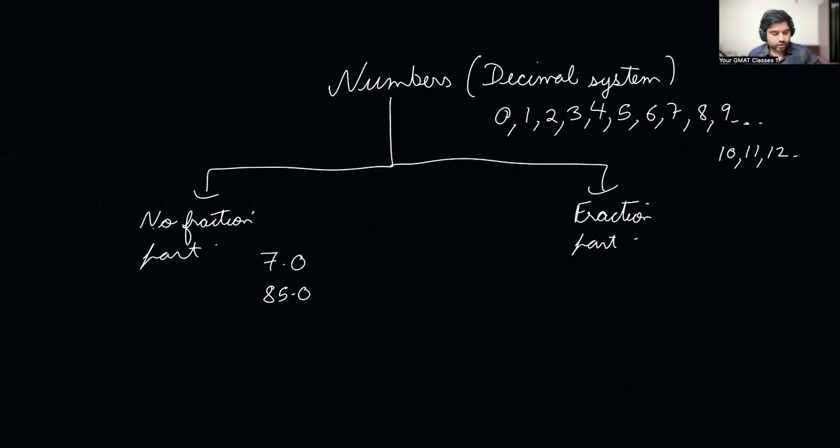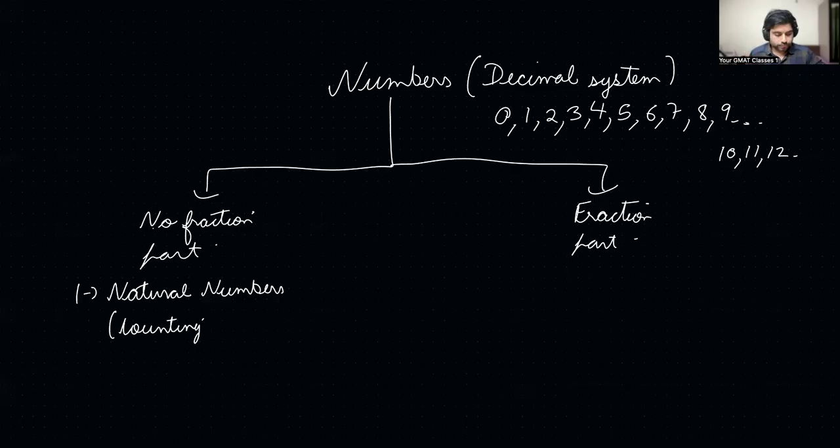The first classification is natural numbers. Natural numbers are basic counting numbers, and it's something you can count on your fingers. So 1, 2, 3, 4.